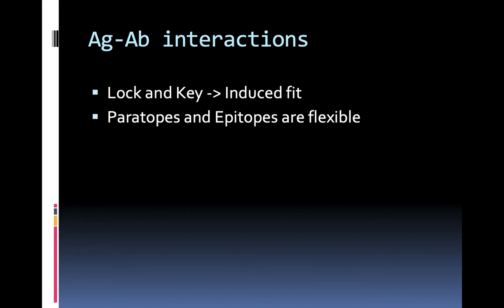You remember the hinge region, right? And also the conformations necessary for an antibody to achieve a specific shape, right? So being a highly flexible molecule, later on we accepted more the idea of induced fit instead of lock and key.